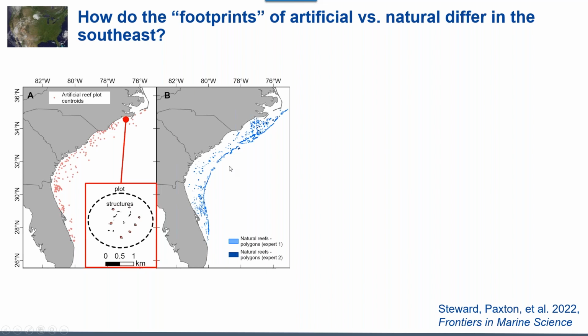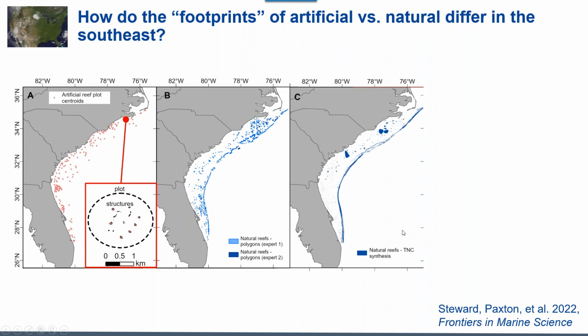The first was to use the best available seafloor mapping, ground truthing, and fish sampling data from long-term datasets and have 2 subject matter experts delineate polygons around suspected or verified natural reefs. The second method of natural reef delineation was using the published Nature Conservancy synthesis, where our natural reef locations are shown in blue.